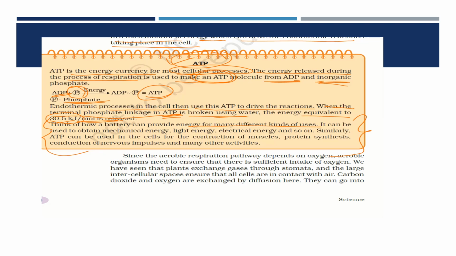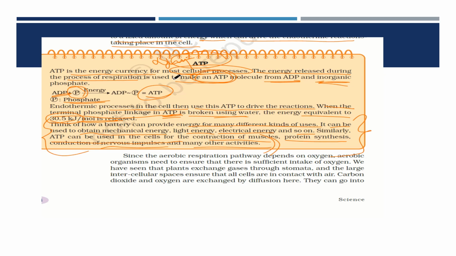It can be used to obtain mechanical energy, light energy, electrical energy, and so on. Similarly, ATP can be used in the cells for the contraction of muscles, protein synthesis, nervous impulses, and many other activities. Right, is it clear? So this is very important.